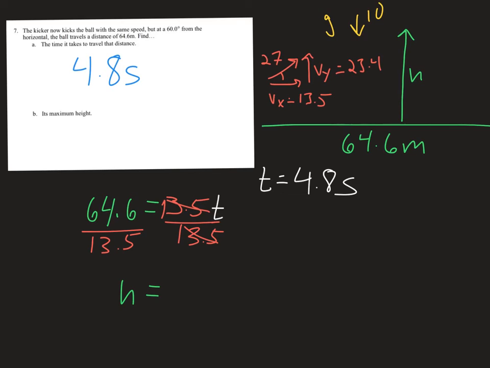So I'm going to take that, utilize the fact that it's 5, and multiply that by 4.8 squared. 4.8 squared times 5, and I will get 115.2 as my answer for that.